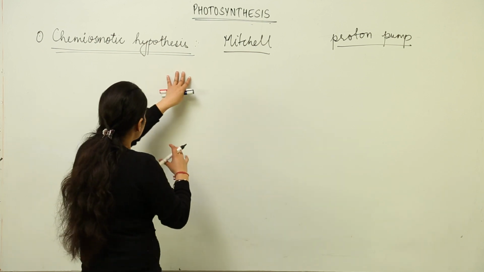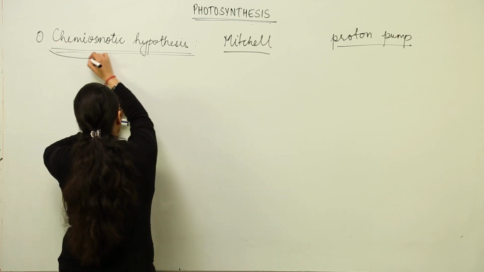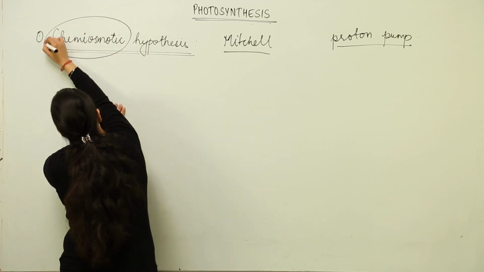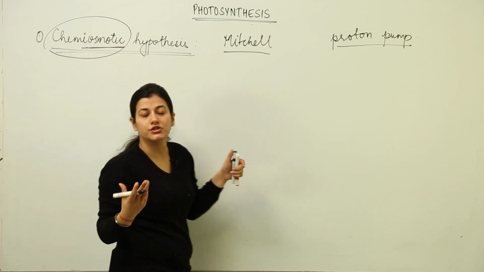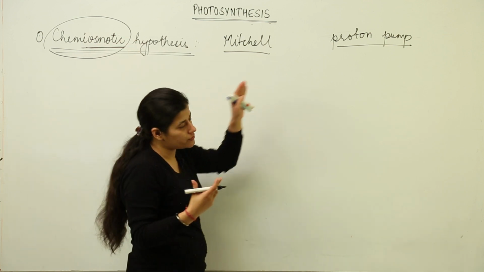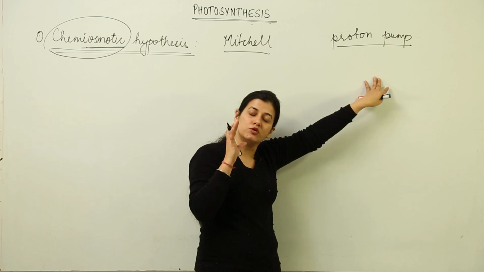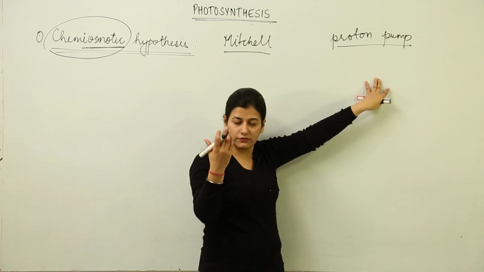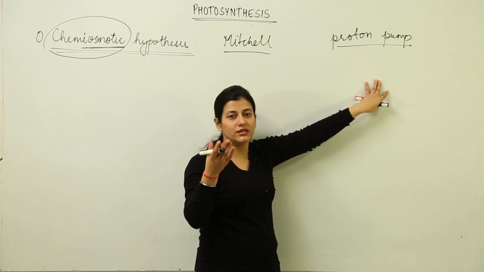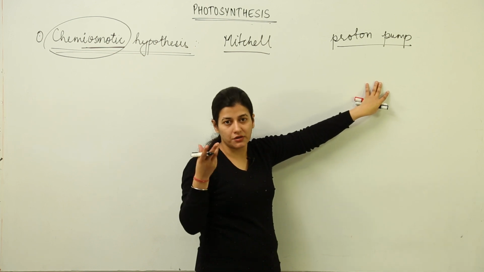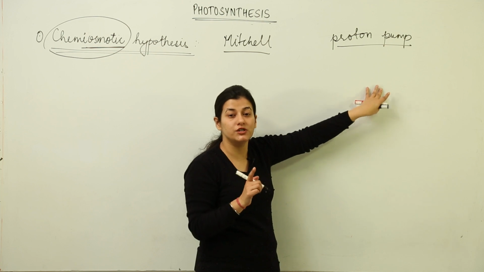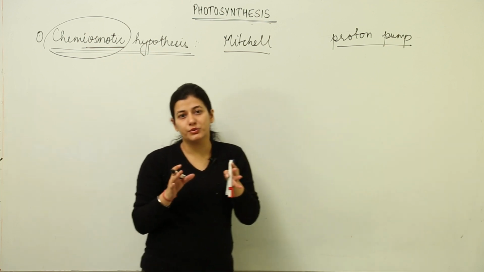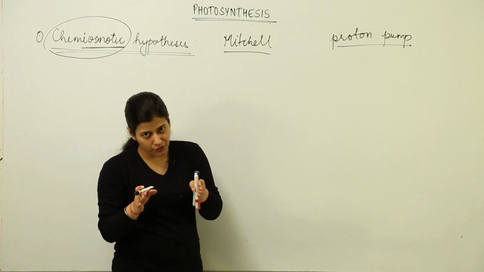As the name suggests, it is chemi, that means something doing with chemistry, and it is dealing with osmotic concentrations as well. Other thing I told you that there is a proton pump. It would be similar to the one hypothesis where you studied how ATP was being generated in the oxidative phosphorylation while you studied respiration, but the only difference would be that the site would be different.